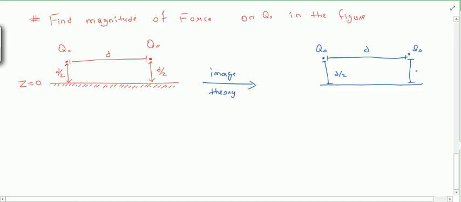Up till here the diagram is almost the same. Now at the same distance, d by 2, another charge, minus q naught, will be placed here, and because of this, another charge minus q naught will be placed here at the same distance.